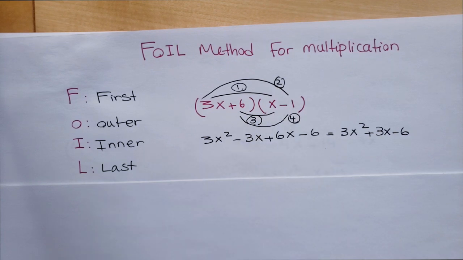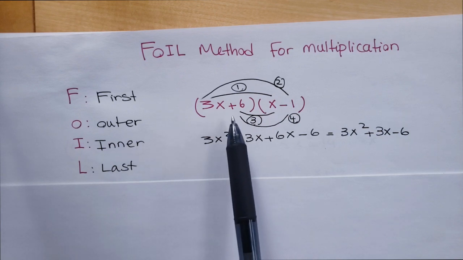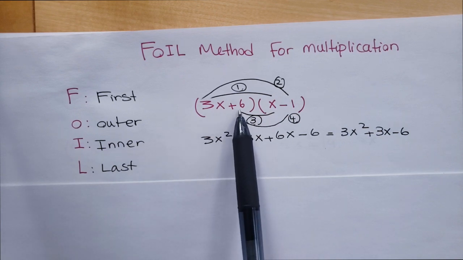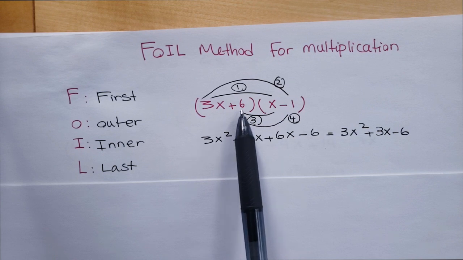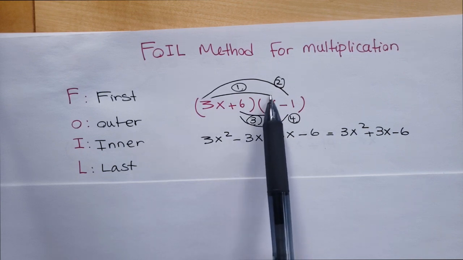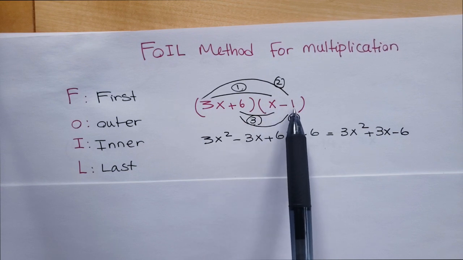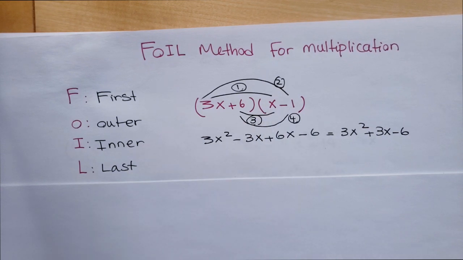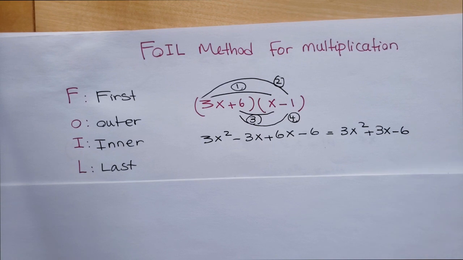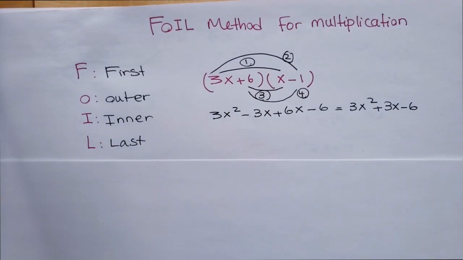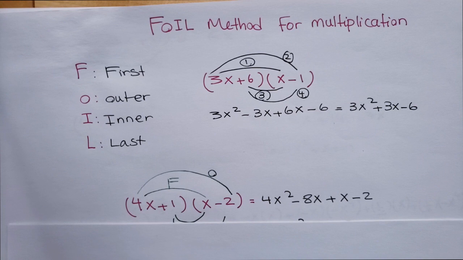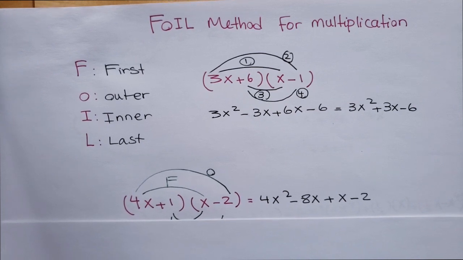Now we're done with the first term. Now we move to the second term, which is 6. It should be multiplied by all the terms in the second bracket, which are x and -1. Whatever works for you, you are more than welcome to use it. But remember, the answers should be exactly the same, no matter what method you use.